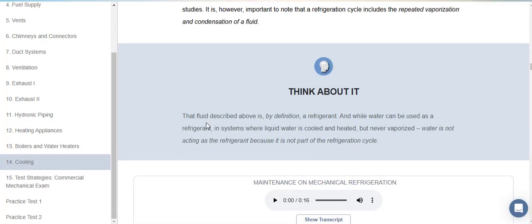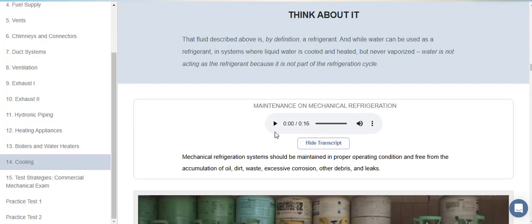Think about it. The fluid described above is, by definition, a refrigerant. While water can be used in a system where liquid water is cooled and heated but never vaporized, water is not acting as a refrigerant because it is not part of the refrigerant cycle.